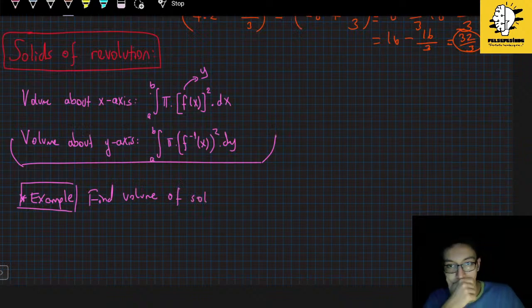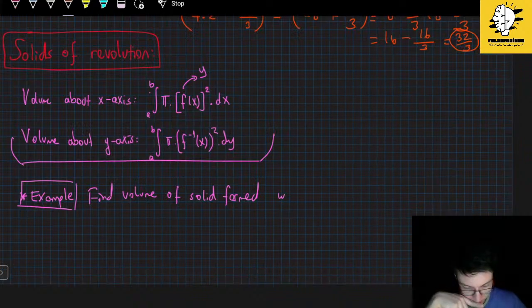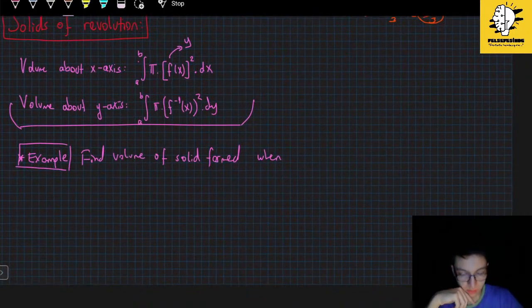Let's think about it. This function is actually like this. Okay? And then we have 0 here, and let's say 5 here. It is not a square, okay? And then this is our x-axis, right? And as you can see, it is being revolved. Let me draw it in a different color.